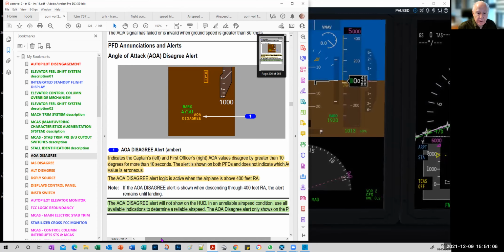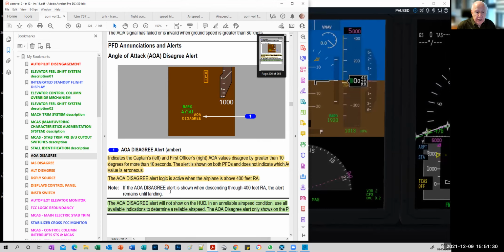The AOA disagree alert logic is active when the airplane is above 400 feet RA. So on liftoff, if you had a problem with the angle of attack vanes, you're not going to know about the problem till you're at 400 feet.